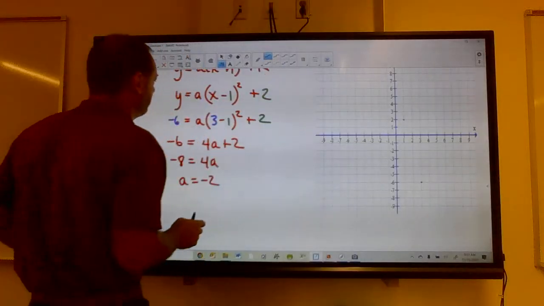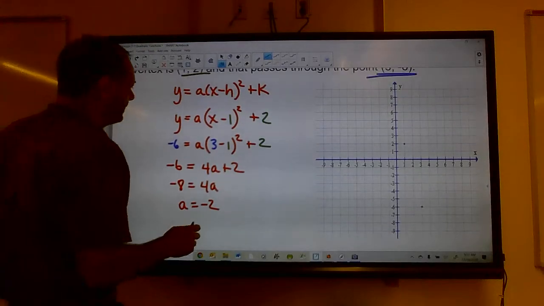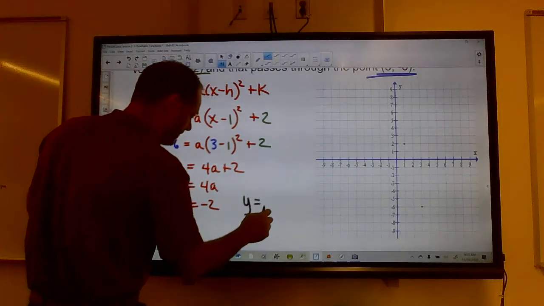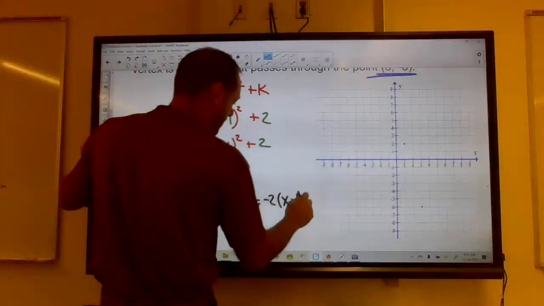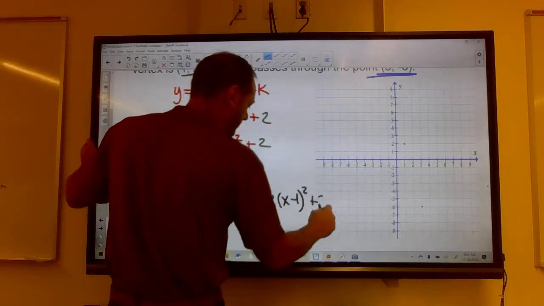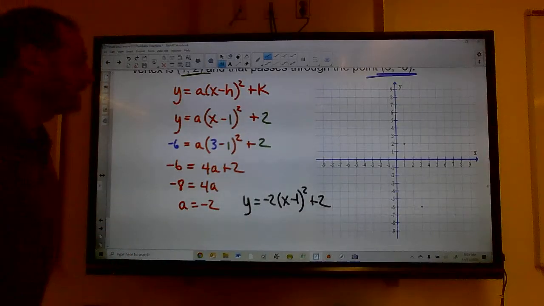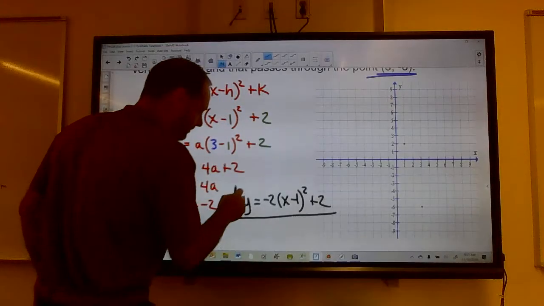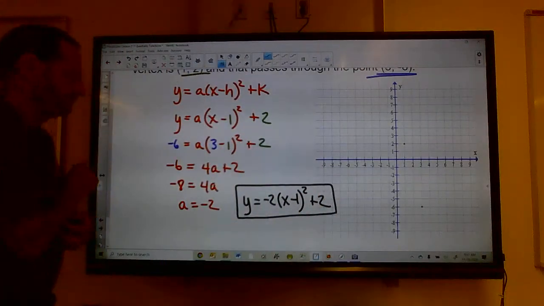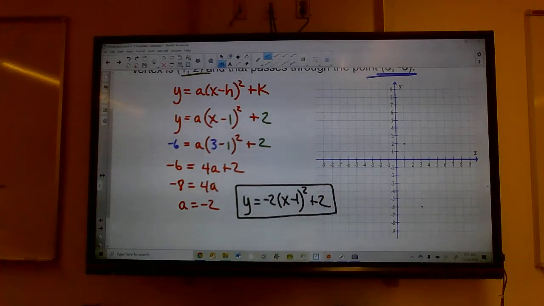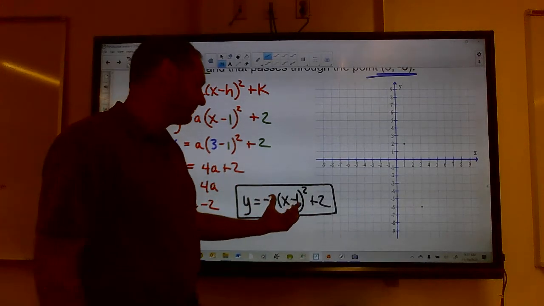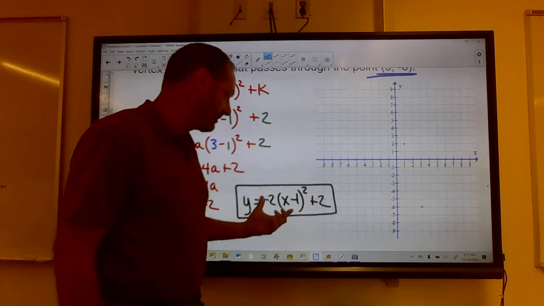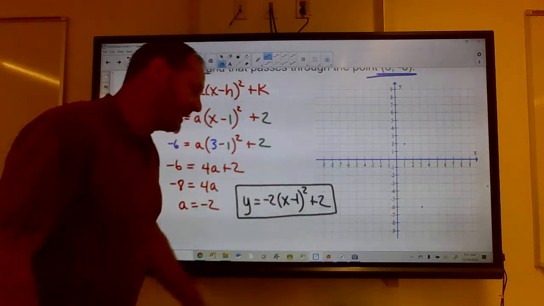So my equation is going to be y equals negative 2 times x minus 1 squared plus 2. And I'm done. That's vertex form. Now, if I need it in the other form, I can square this, multiply by -2, and combine my like terms.